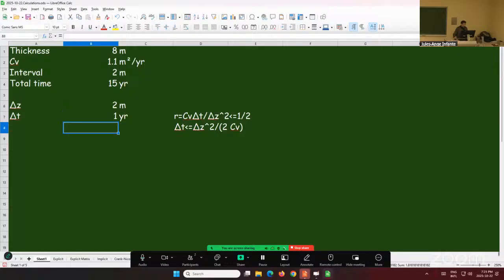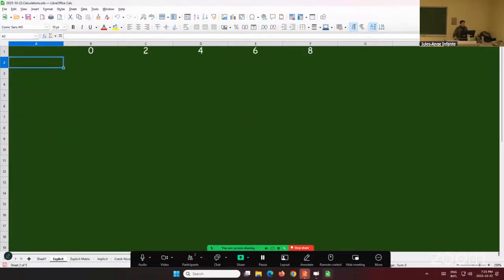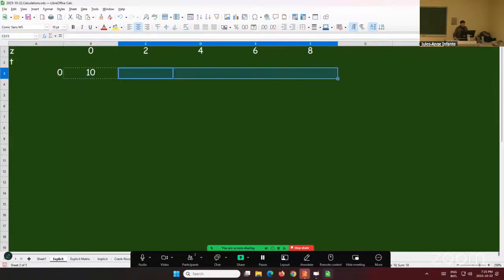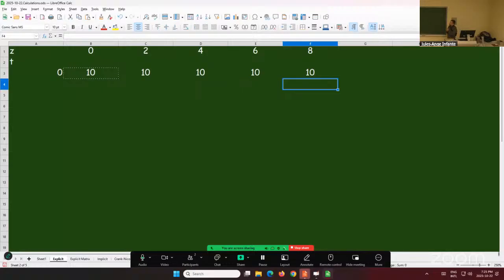So here we say 1 year for now. So here we're going to have the time. That's obviously the Z. Time starts at 0. We said that our excess pore pressure was 10 kPa, right? That's the excess. So we will obviously have some hydrostatic pressure, but let's say we put a uniform load, wide area, we increase the total stress by 10 kPa, so that is the stress everywhere.